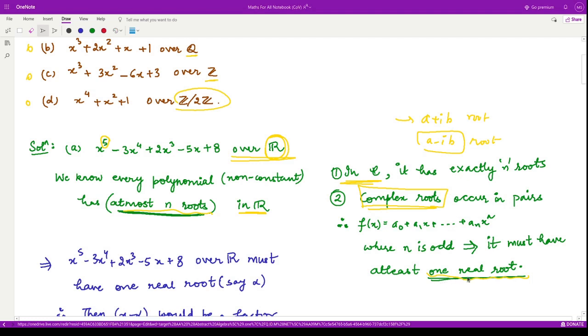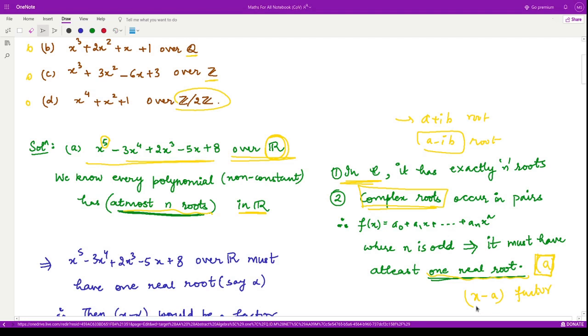Therefore, if you have one real root, say a, then x minus a would be a factor of the given polynomial. You do not have to calculate what a is, because that is not what we are looking for. We are only looking at whether the polynomial is reducible or irreducible.